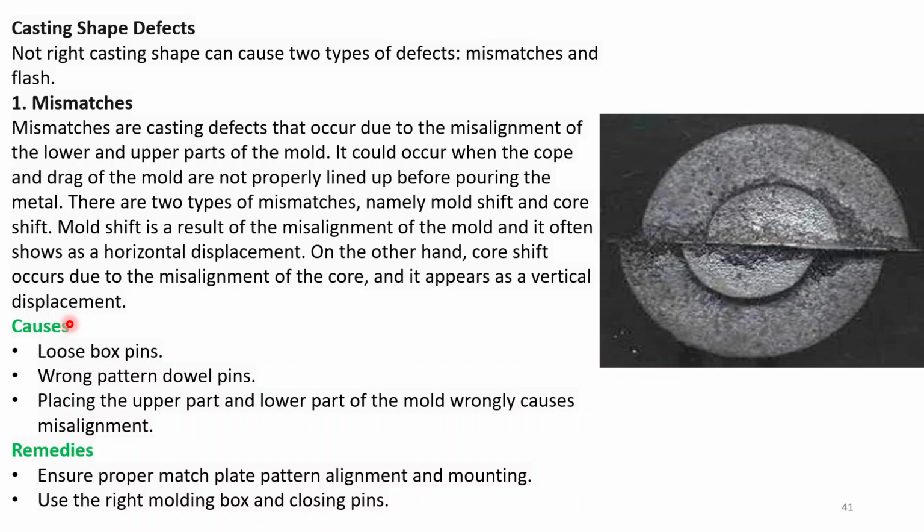The causes can be loose box pins, wrong pattern pins, and placing the upper part and lower part of the mold wrongly, which can cause misalignment. It can be prevented by ensuring proper match plate pattern alignment and mounting, and using the right molding box closing pins.